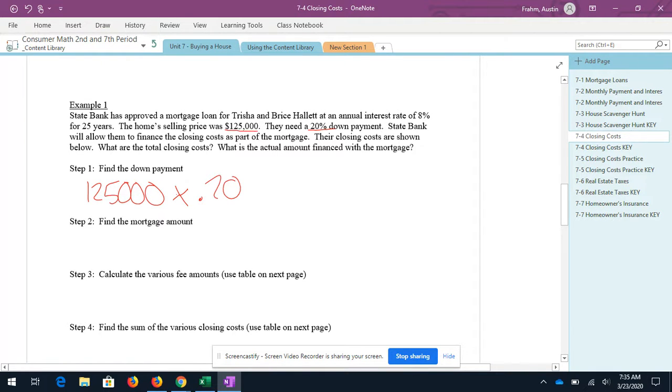It's 0.20. When we do that, we should find the down payment to be $25,000.